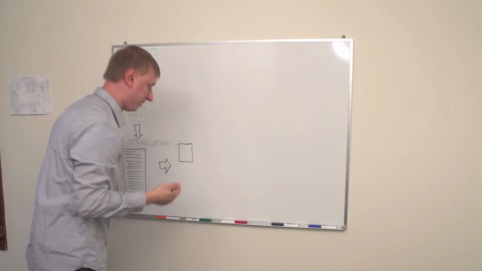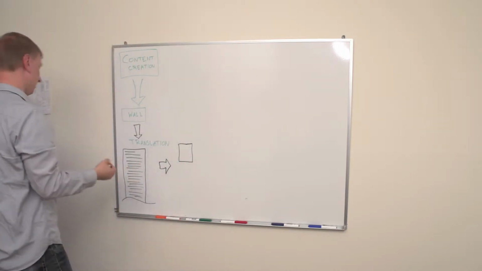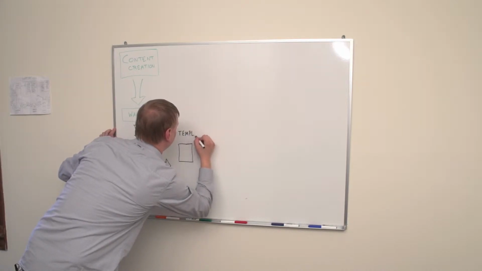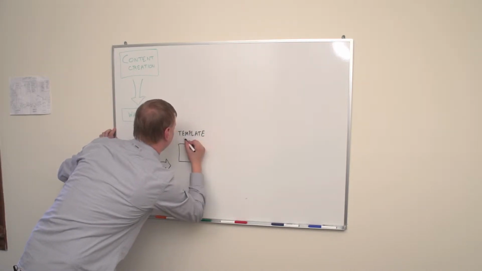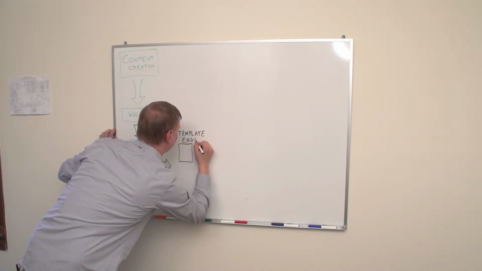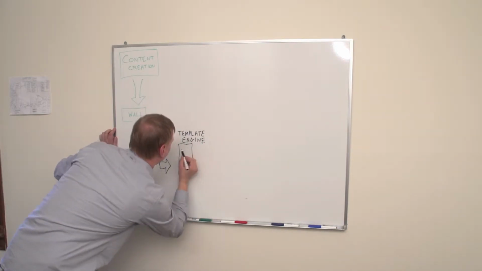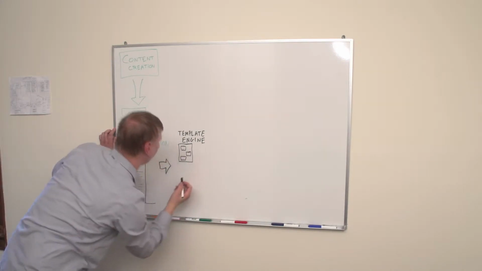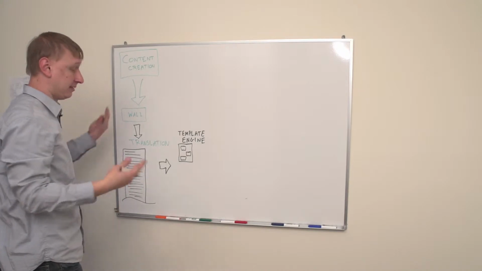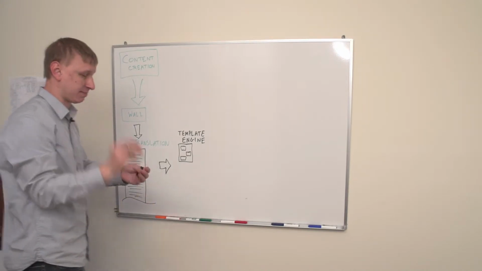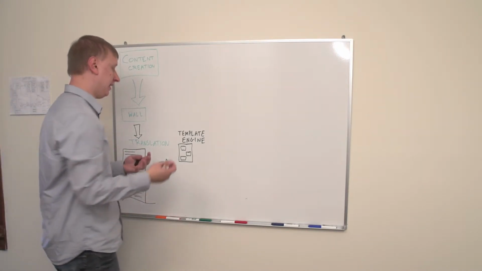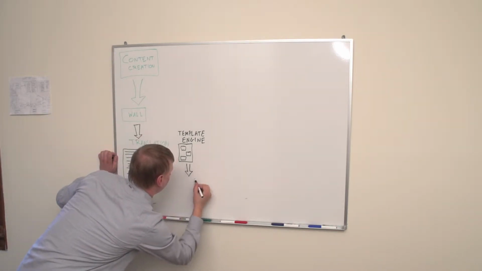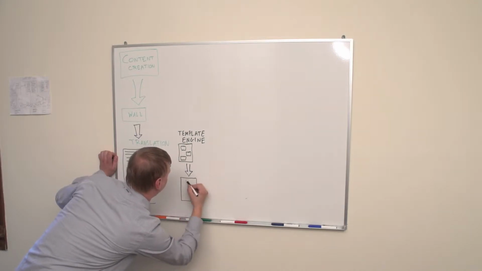And you can imagine the template engine is taking things that look like a form that you see at a DMV or a doctor's office. It has empty spots that need to be filled with data. And the template engine takes those and fills them in.